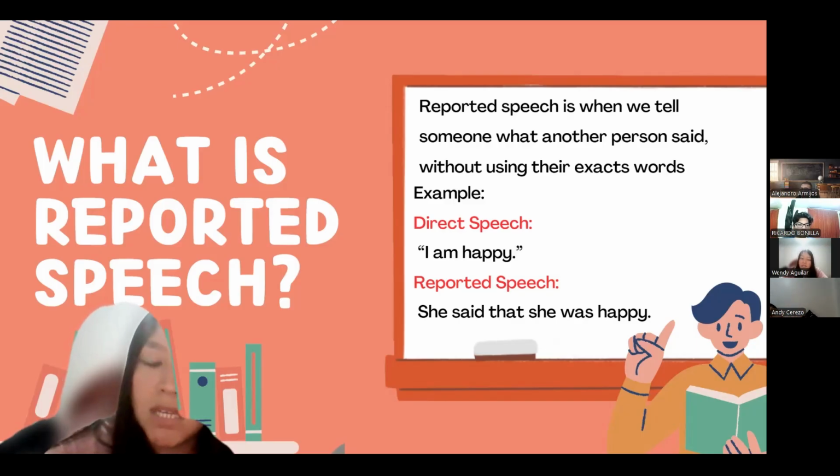Also, the verb changed from am to was because the sentence is being reported in the past. Reported speech is very useful in real life because people often talk about conversations they had before. It allows communication to sound more natural and organized.